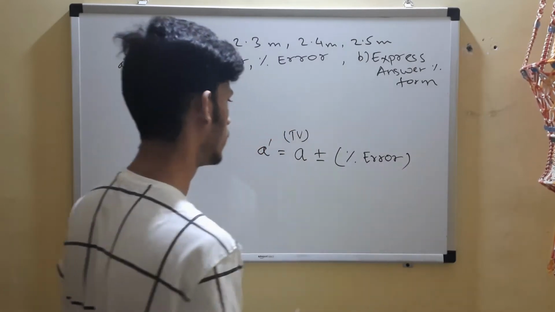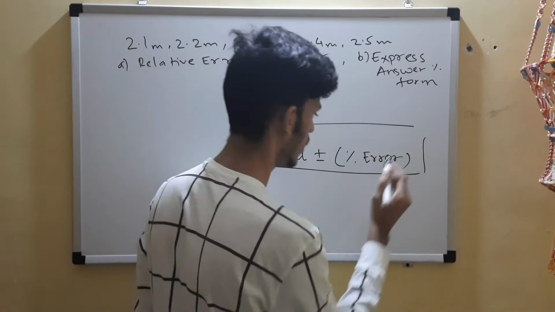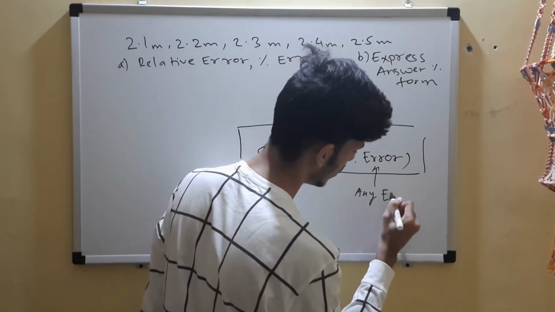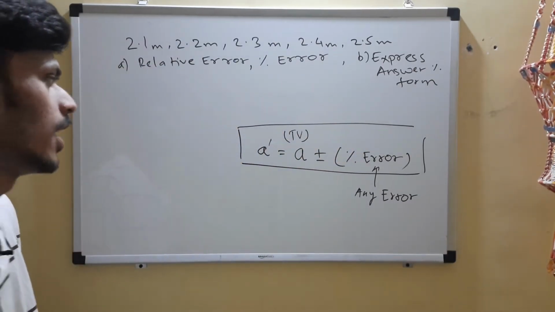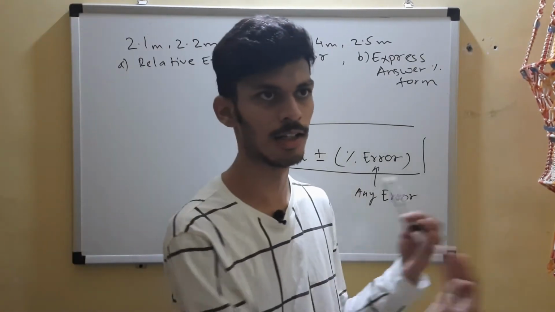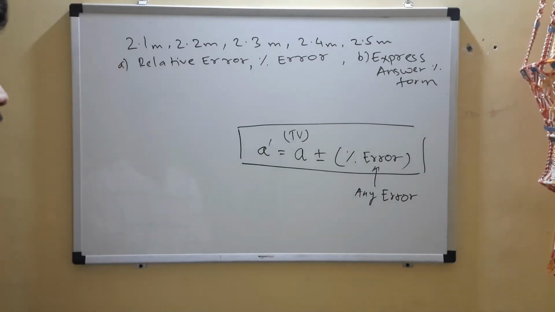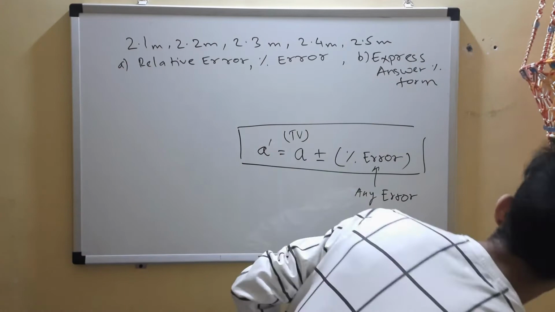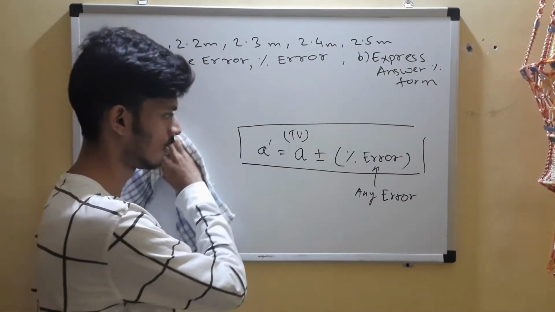So this is one more formula, please note it down. There can be any error, but mostly they'll ask for percentage or relative. So this is how you express your answer. Note it down.